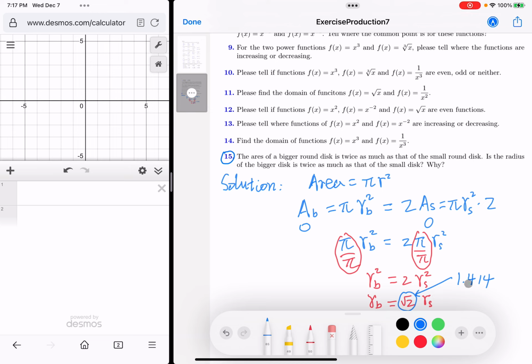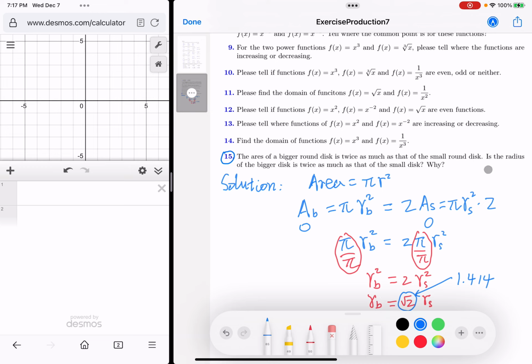Okay, so it's not really doubled. Double the smaller radius, you'll get the big radius? That's not the case. You cannot double it. You have to take the smaller radius times 1.414, and you get the big radius.